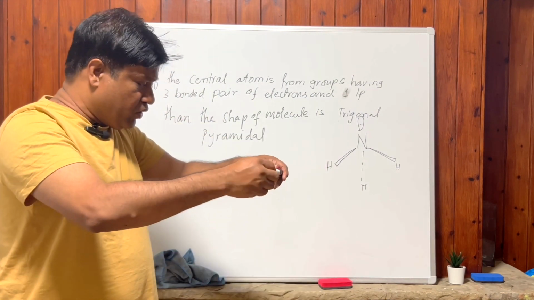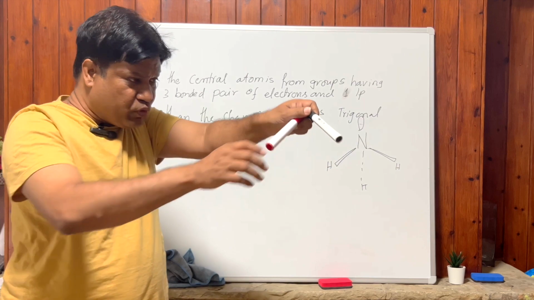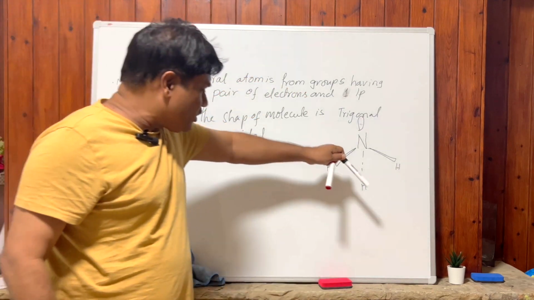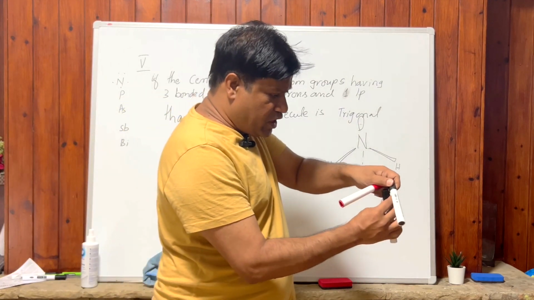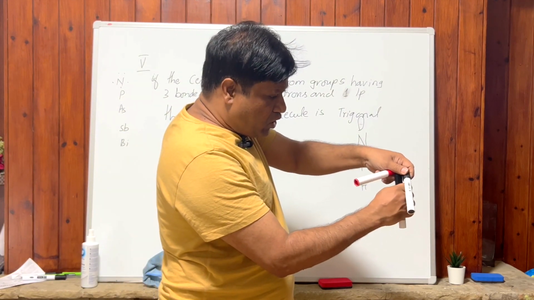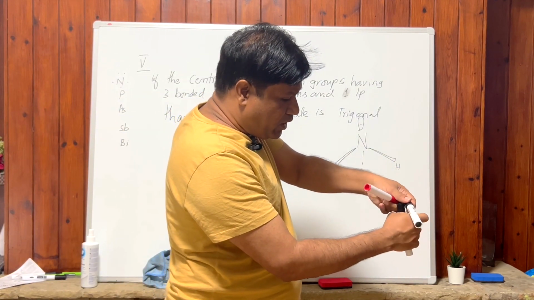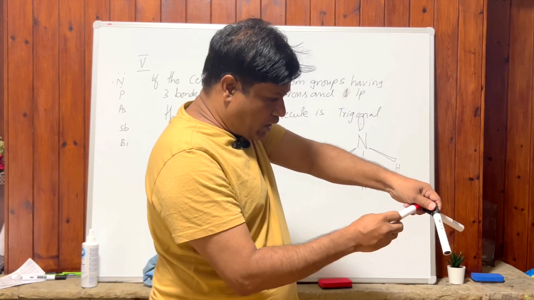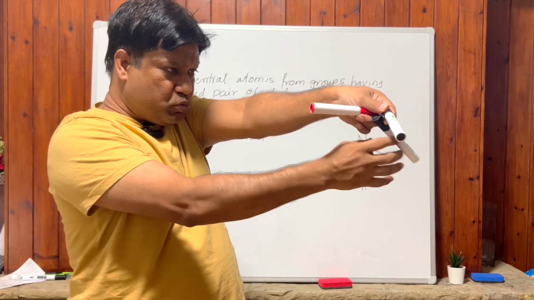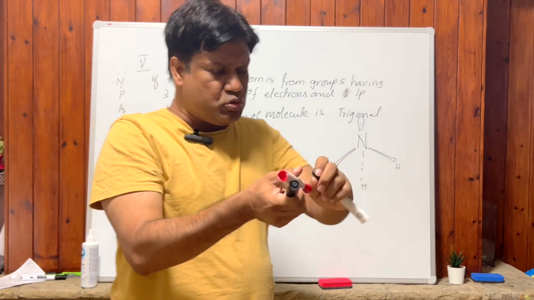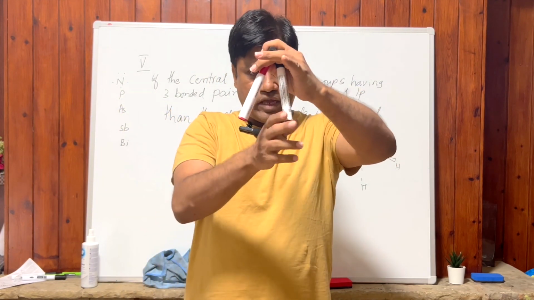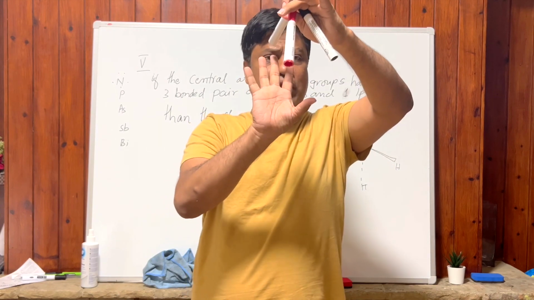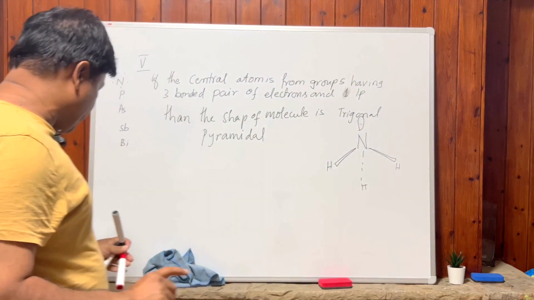These two bonds, which are wedge bonds, are coming towards you. And the dotted bond goes inside the board, away from the student. There are 2 bonds towards you guys, and that one is towards me. This is a trigonal pyramidal molecule with 1 lone pair.